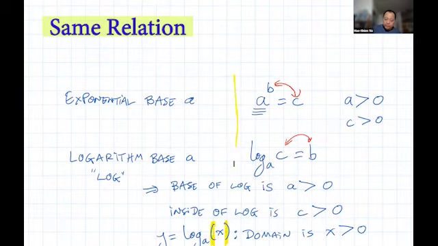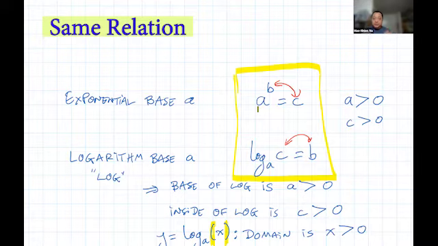All right, back to these two equations here. You should take note of them because they are the fundamental definition of a logarithm. And they also give you a way to switch from an exponential to a logarithm and vice versa, from a logarithm to an exponential. And we do that by switching places of the b and c. Whatever used to go with the base in one form is the result in the other form.